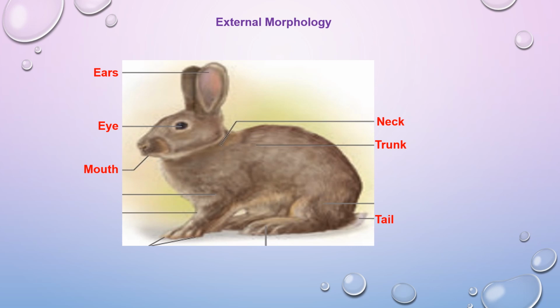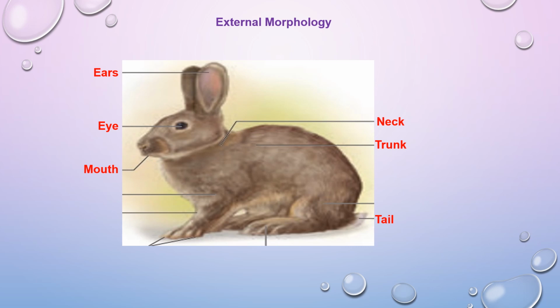If you touch that hair, they respond. Rabbits, like cats and dogs, have these special hairs near the mouth. If you touch them, they show some expression.